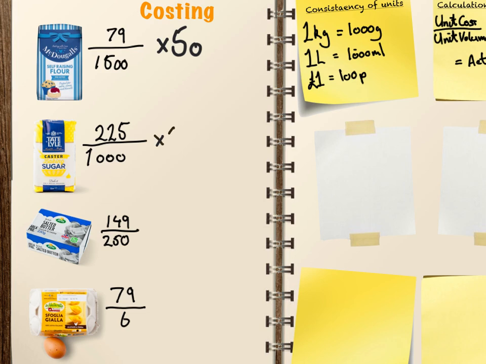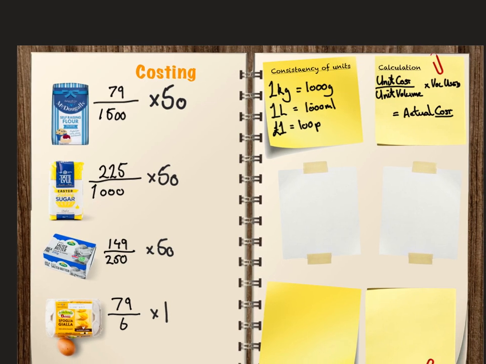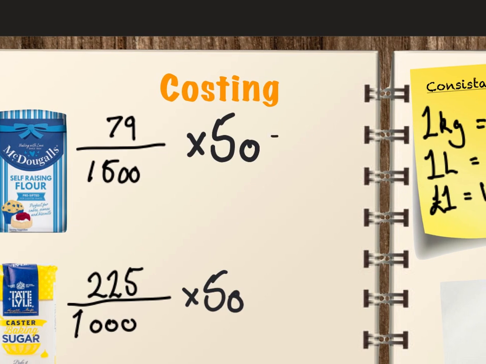Same with the sugar, 50 grams, the butter is 50 grams, and the eggs are 1. Now to calculate that, you do 79 divided by 1,500 multiplied by 50 equals 2.6 pence.